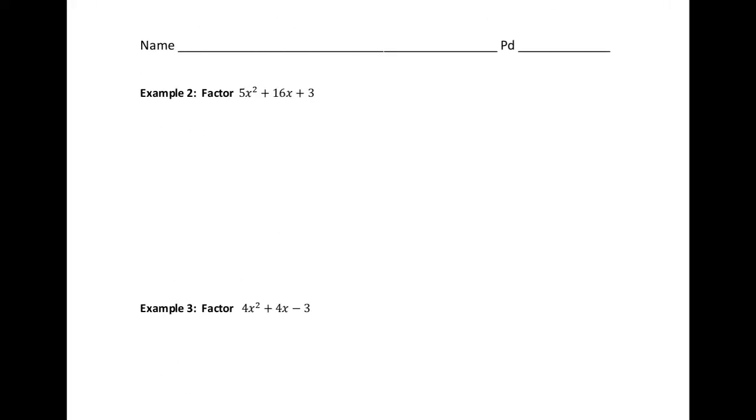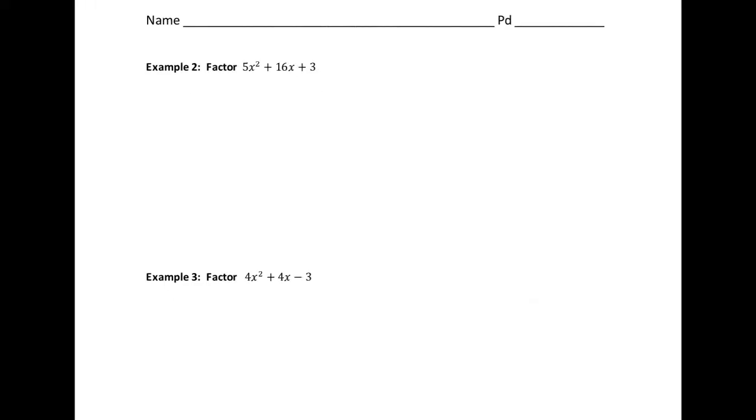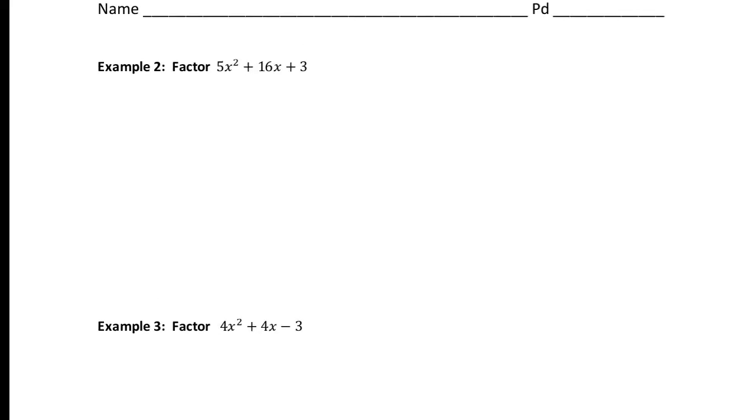Okay, let's go to the top of the next page. Example 2. We're going to factor 5x squared plus 16x plus 3. What do I always need to check for first? GCF. Hey, when in doubt with this chapter, you could say GCF almost all the time, and you'd be right 50% of the time.